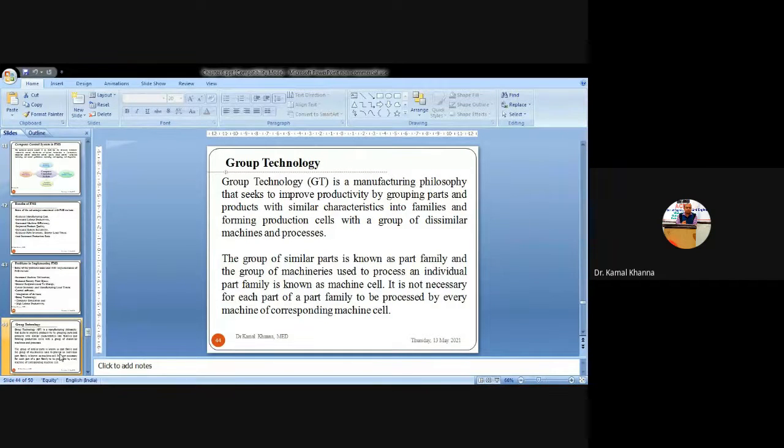The machines required to process these parts are clubbed into two groups. The group required for the first, second, third part is called machine cell 1, and the machines required to perform the operations on the fourth and fifth parts are called machine cell 2.